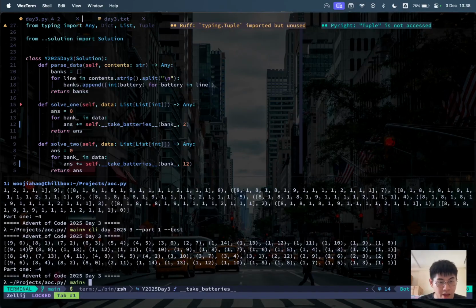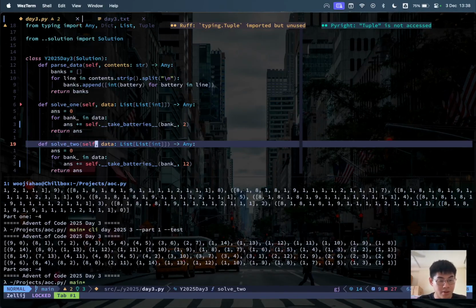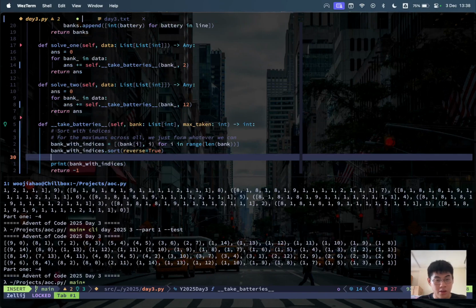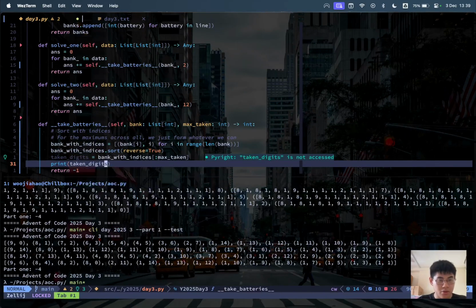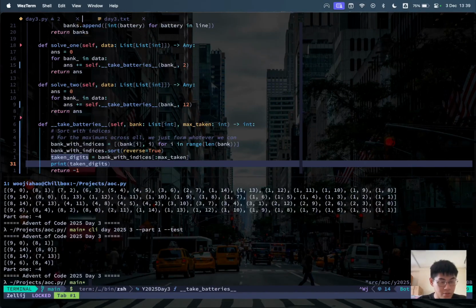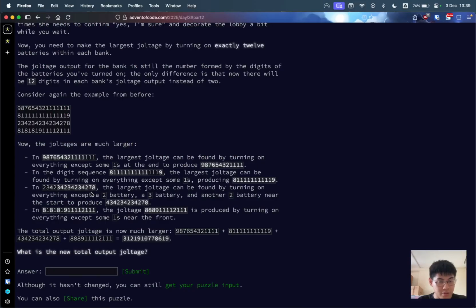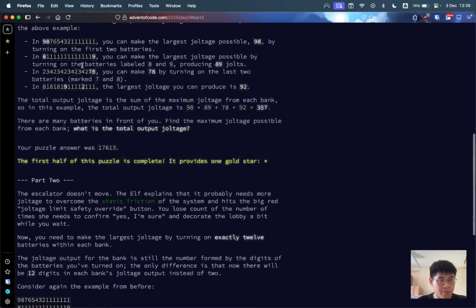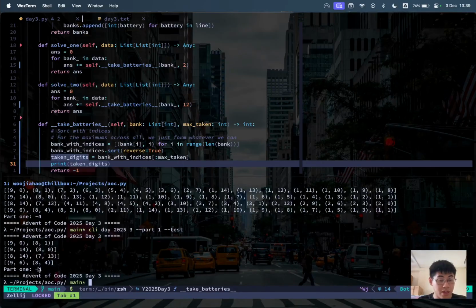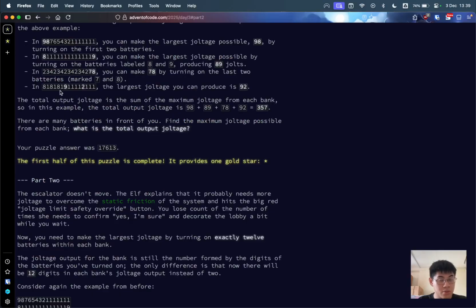And then what we essentially want to do is take the taken digits, which is the bank with indices, up until the max taken. So we know what the digits we are choosing to take are, which is 9 and 8, 9 and 8, 8 and 7, and then we get 8 and 2.